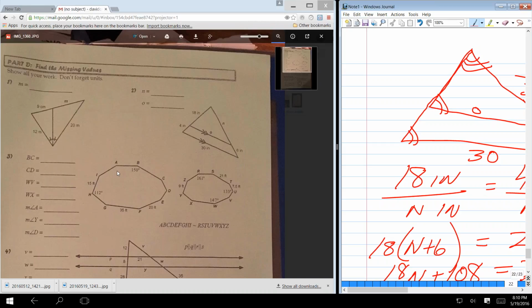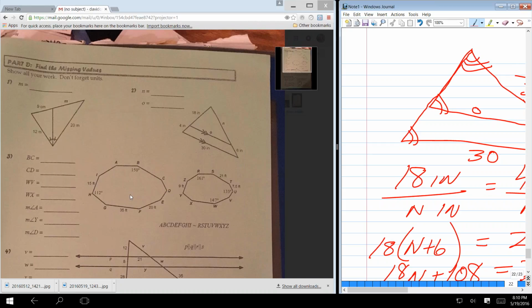Angle A is 161. Okay, go ahead and write that in there, because you need that. What's angle Y? Oh, there's angle Y, 112. Correct. And angle D. Angle D is 135, or 133. Yeah, it's just 133.